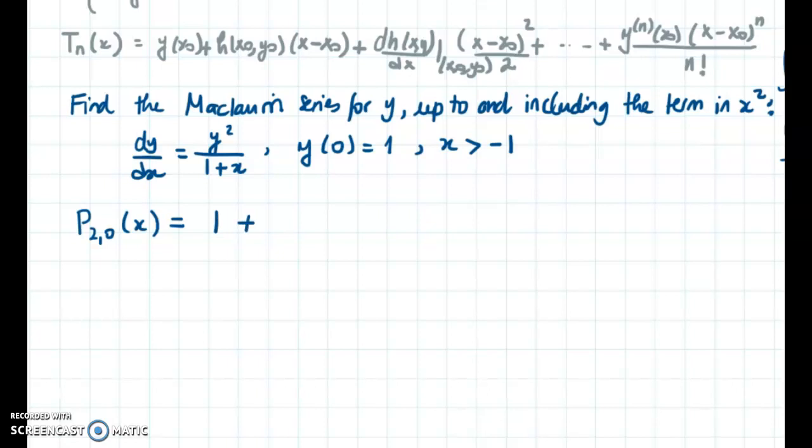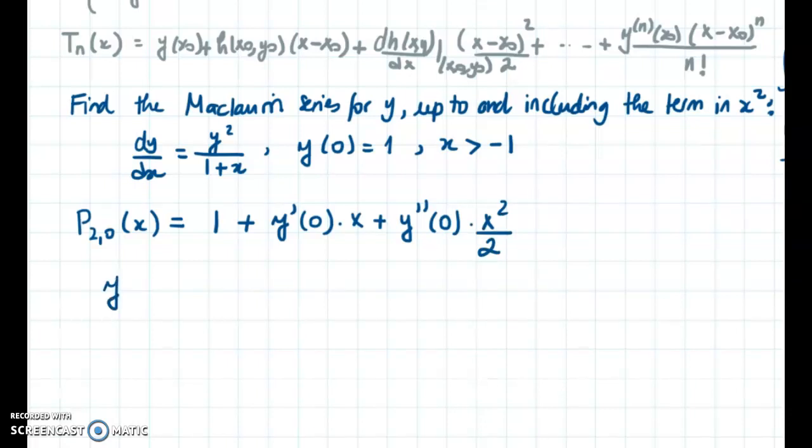Then for the next term, we are summing the derivative of the function at 0, multiplied by x, and then we need the second derivative of the function evaluated at 0, multiplied by x squared and divided by 2.